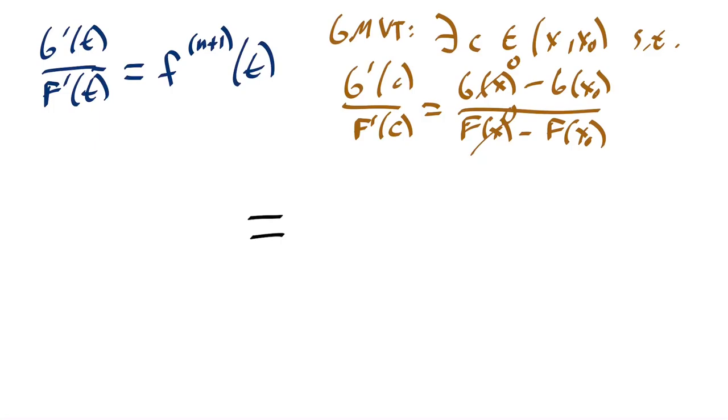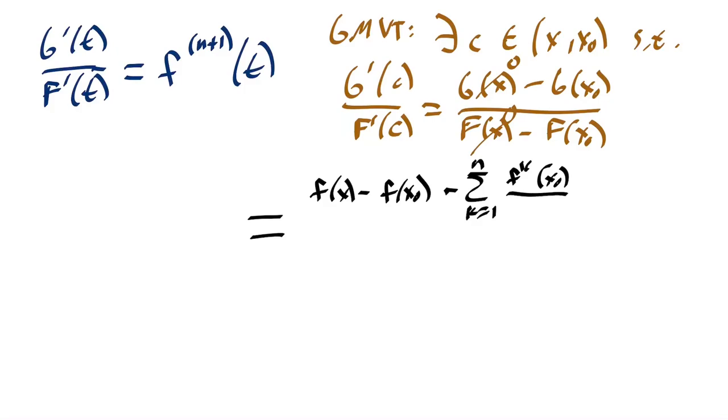Which was f of x minus f of x naught minus the sum as k goes from 1 to n of the kth derivative at x naught divided by k factorial times x minus x naught to the k.